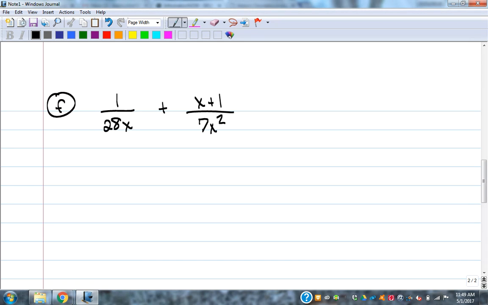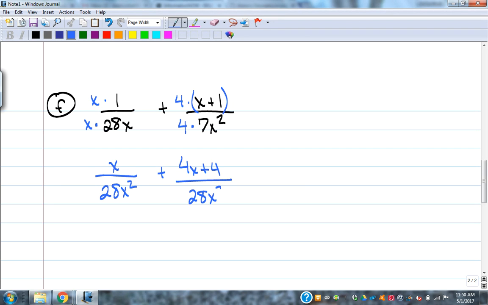So that means this one needs an x. What would turn this one into a 28? Times 4. So I need to multiply the first one times x and the second one times 4 to get the same denominator on each one. So that's going to be x over 28x squared plus 4x plus 4 over 28x squared.